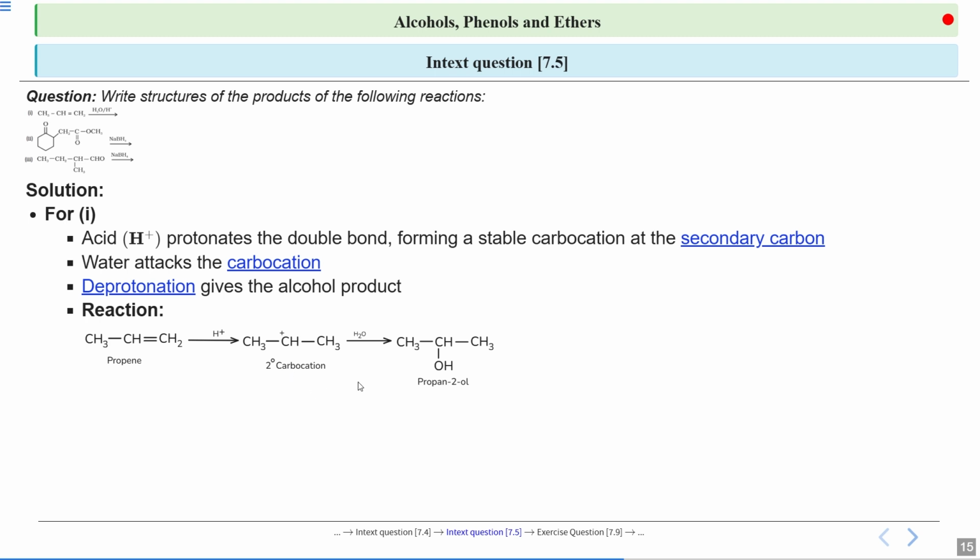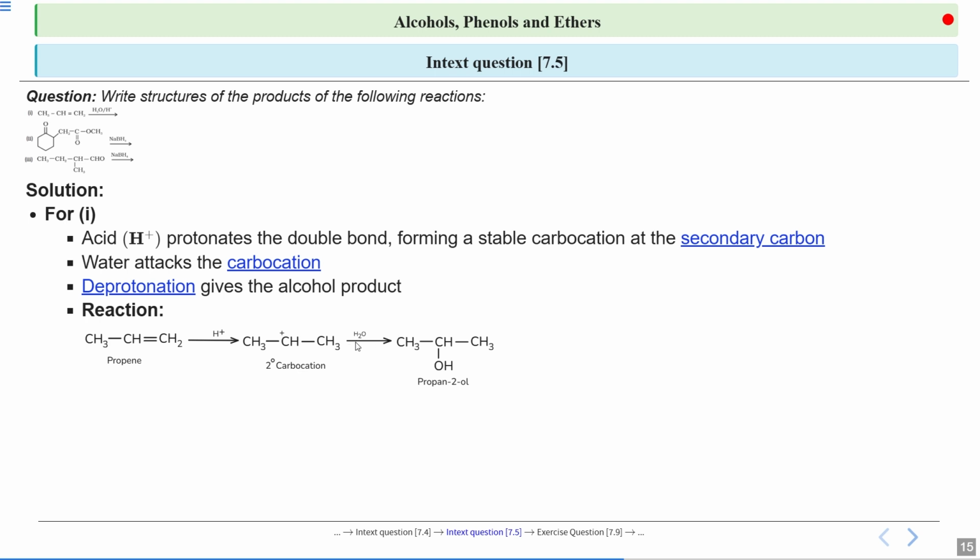Next, what we will do, water will attack on this carbon which is having a positive charge. So what will happen? Your O, H and H, that is water, will attach on this carbon. Now when your water attaches on this carbon, your oxygen will get a positive charge. Okay. Now further what happens?